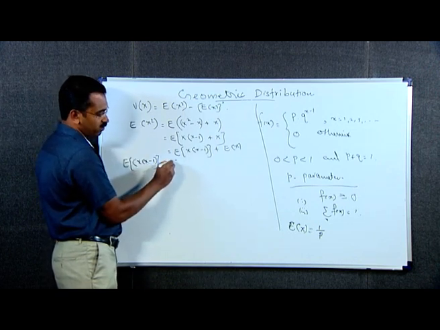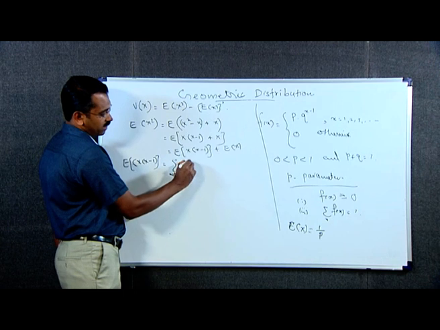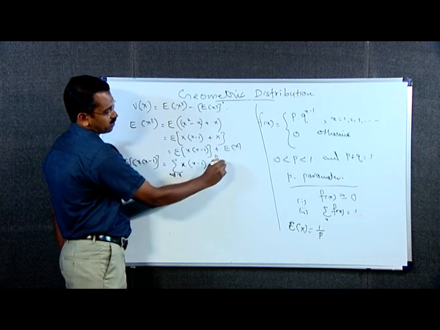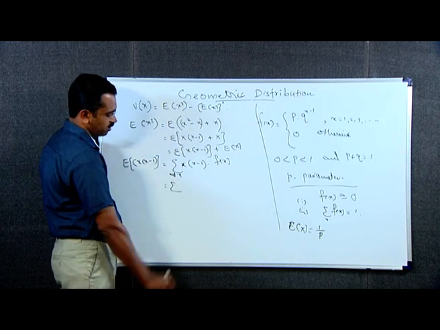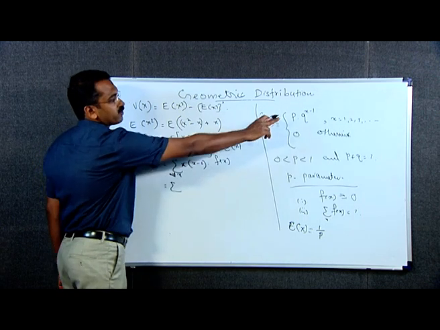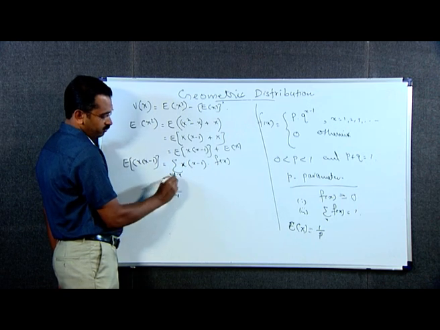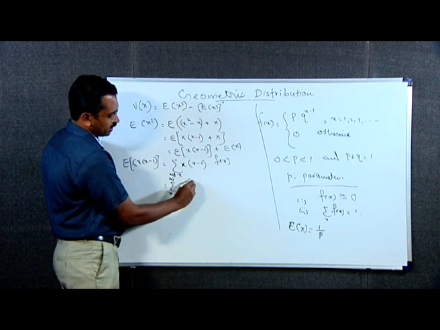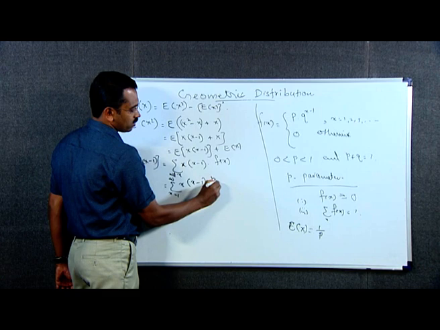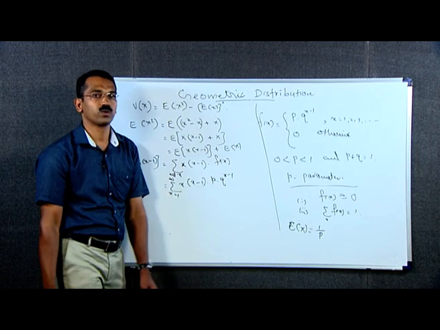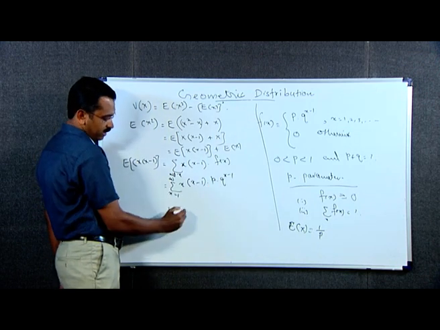That is, E of x into x minus 1 is equal to, by definition of expectation, summation over all values of x into x minus 1 into f of x, which is equal to summation over x from 1 to infinity, x into x minus 1 into f of x, which is p into q raised to x minus 1. On expansion, we can take this p outside.